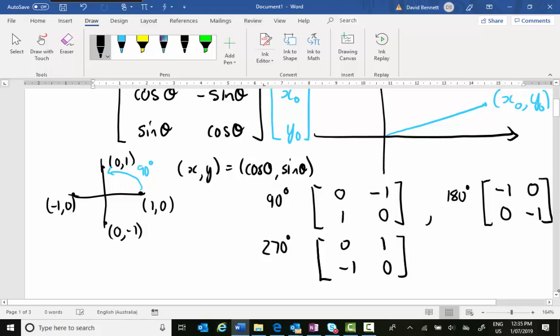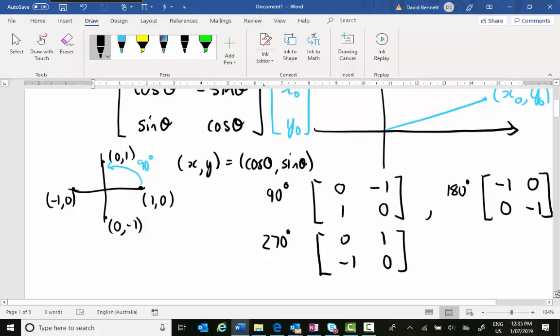So that's what these matrices will become, depending on if you're going 90, 180, 270, but you don't always have to rotate that much. It could be a fraction or whatever. That's the key process we're looking for here.